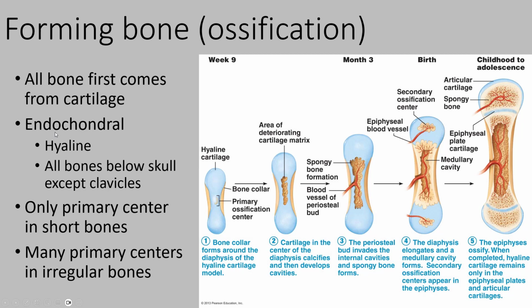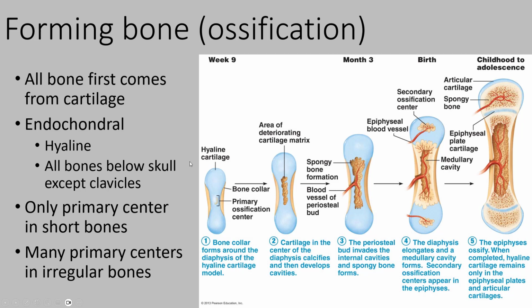And now this is early on. This is in the womb. And this is what happens to all bones that are below the skull except for the clavicles, the collarbones. All of the other bones below the skull except for the collarbones use endochondral ossification, beginning with a hyaline cartilage model.